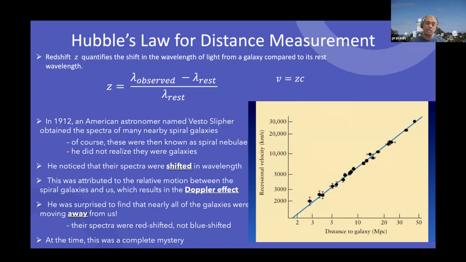We usually use the terms blue shift and red shift for this. That's because red means the larger wavelength, blue means the smaller wavelength. If something comes towards us, we say it is blue shifted, right? Because the wavelength decreases, and if something goes away from us, it is red shifted, right?